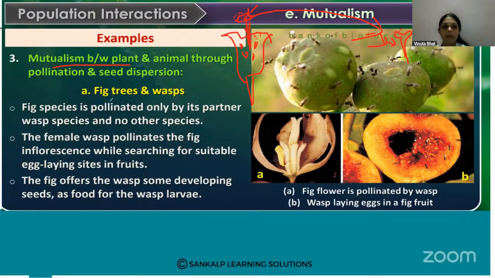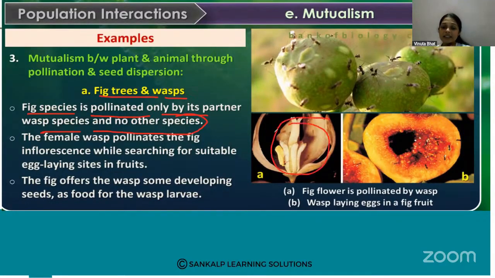Okay. Then there is one more example: fig tree and wasp. What type of relationship can we see in this mutualism? A fig species is pollinated only by its partner wasp species and no other species. So this is the fig flower that is pollinated only by the wasp.